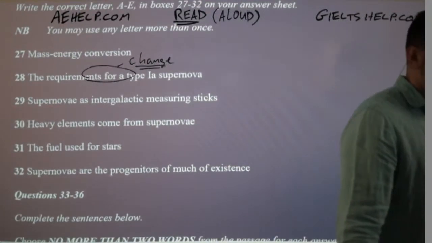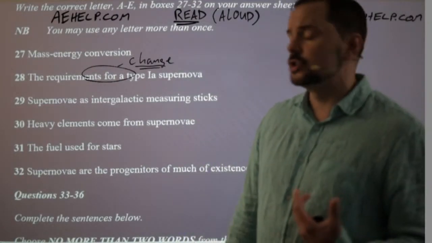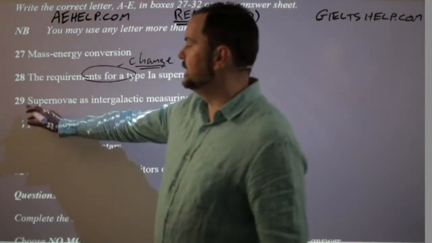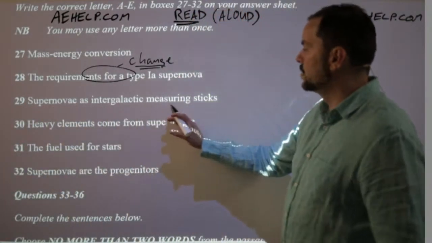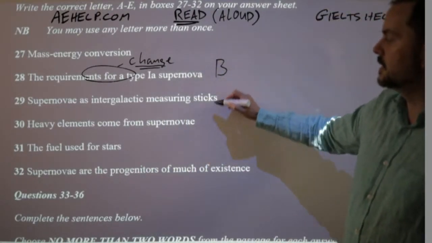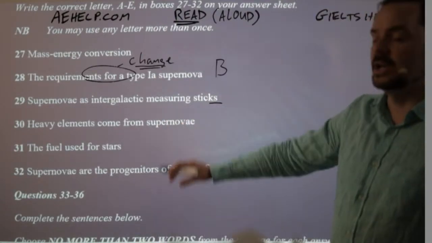Now, again, keep in mind what I've said several times before when doing the reading. You should not be searching for every single answer, okay? So number 29, supernovae as intergalactic measuring sticks. That one should be quite quick. So this one, the standard candles, okay?